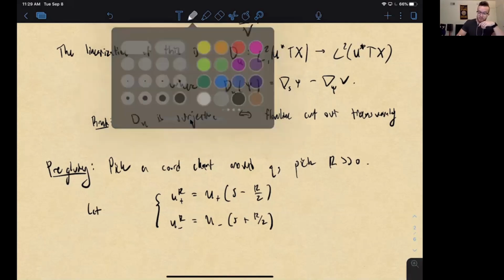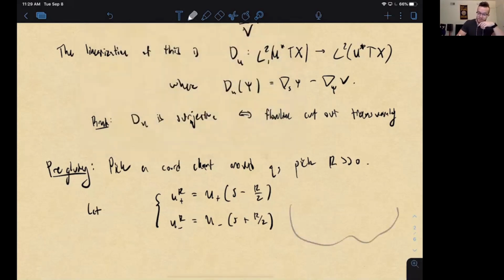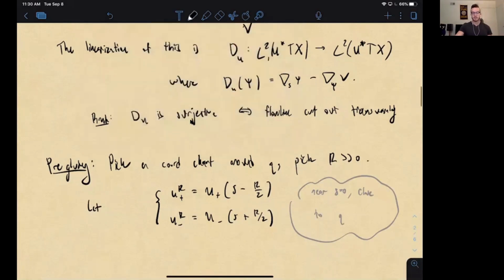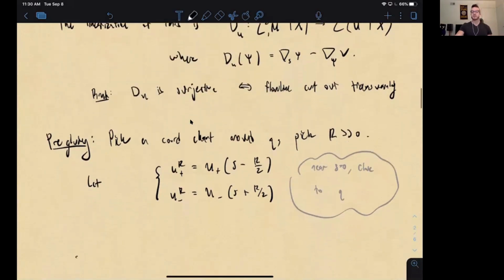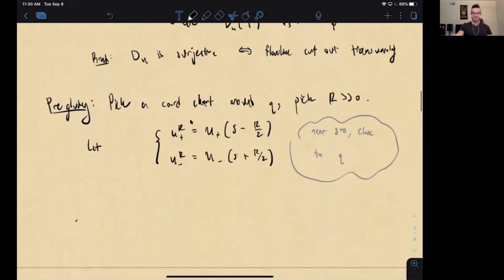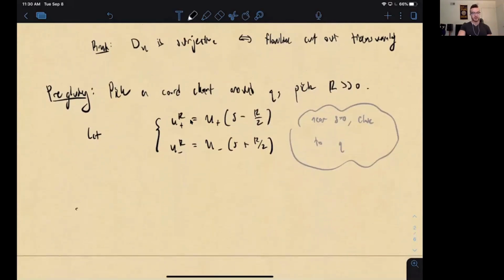Let me write that down: near S equals 0, close to Q. And then, to be consistent with the references and to save myself from writing so many letters, I'm going to be a programmer and rename U plus and minus to be these shifted things.